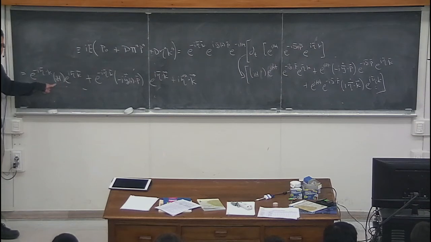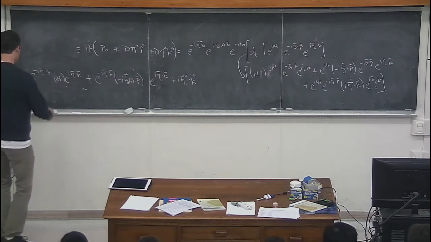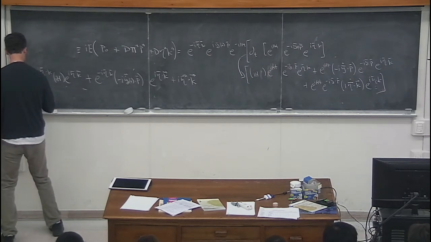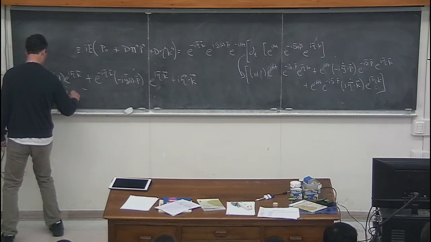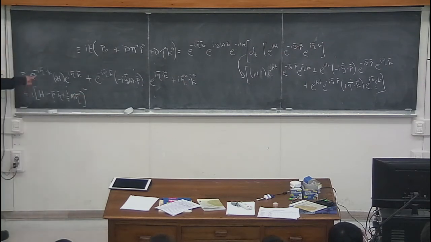This is how H would get transformed under a boost transformation. So this just becomes, okay, so this is a boost by a velocity parameter, which is eta, right?